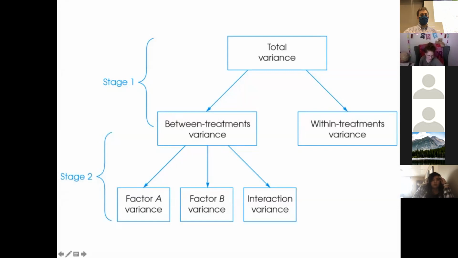All right, so this again is going to be a two-stage process such that we have our total variance, our total sum of squares, and then our total mean squares, right? So mean squares total is just that total variance. That can be split into the within treatments variance, so mean squares within, and then mean squares between treatments.